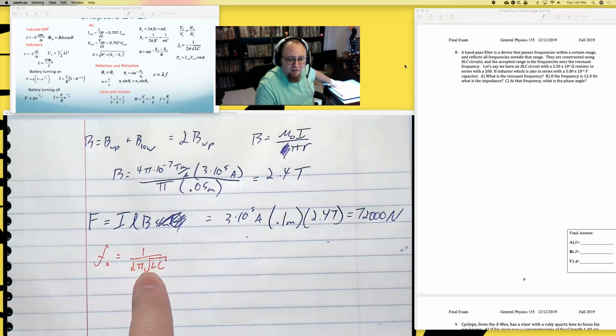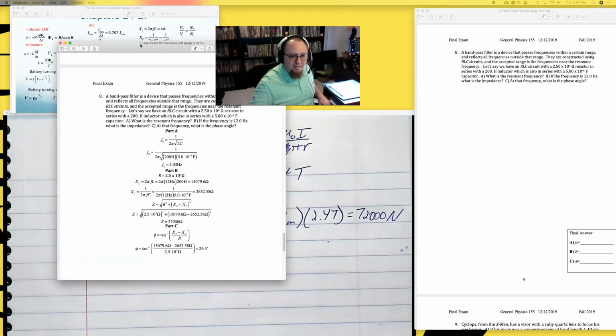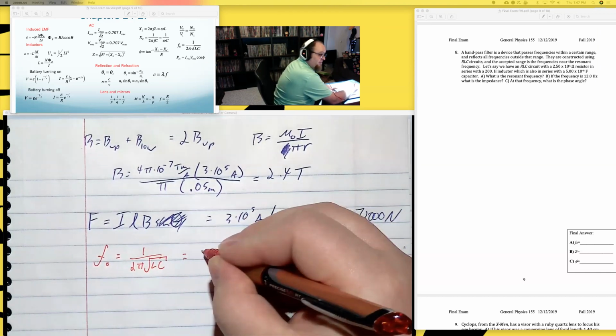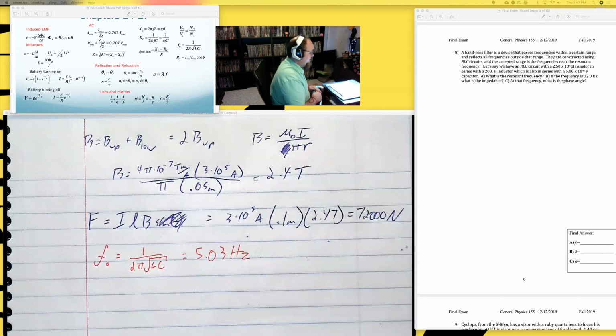I'm not going to bother writing in every one of the numbers. If you want to see these steps individually, these solutions are all posted online with the numbers written in, or just send me an email and I can show you. But if I want resonant frequency, I'll just plug into that equation and solve and get an answer. As I said, I'm going to skip plugging it in just for time reasons.